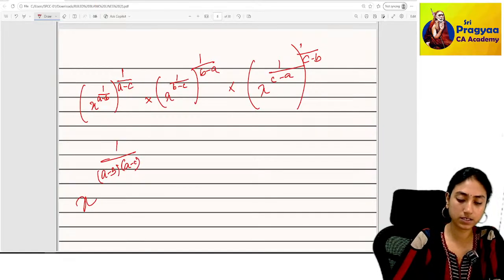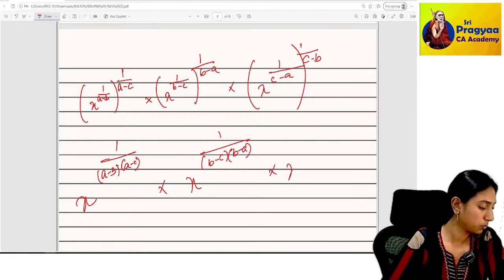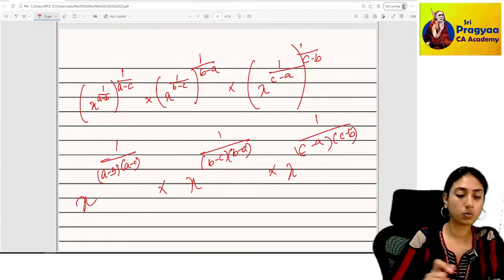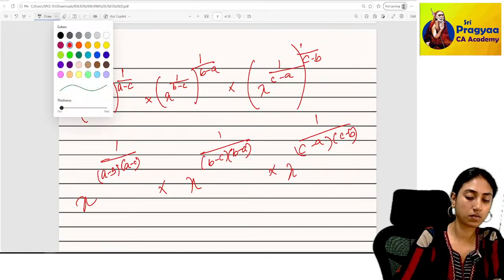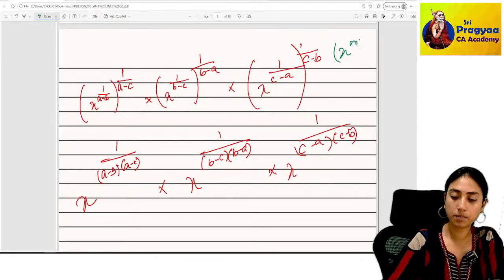So x power this, into x power, into x by. So what rule are we looking at here? X power m is equal to.